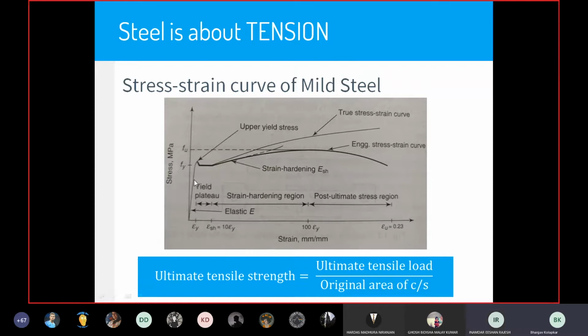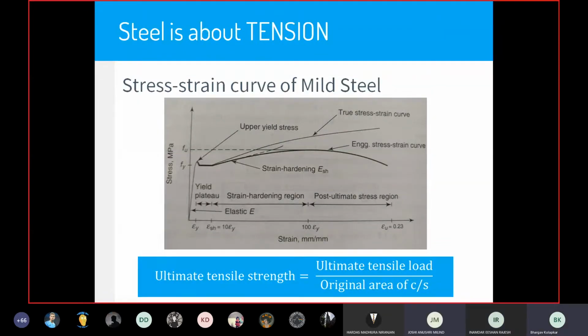Now, one particular parameter that is of importance is the slope of the initial line of this curve. Does anybody know what this slope is called? Modulus of elasticity. Yes.